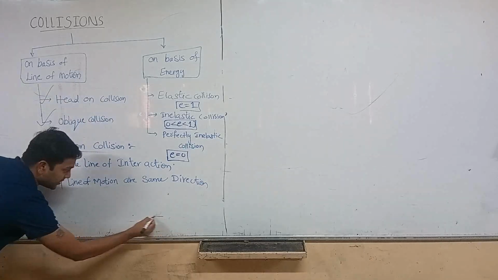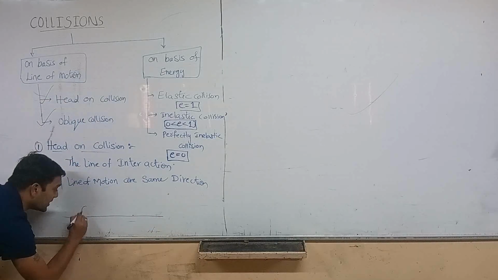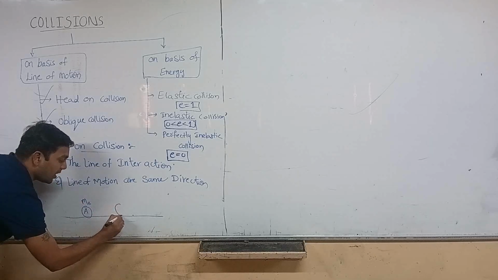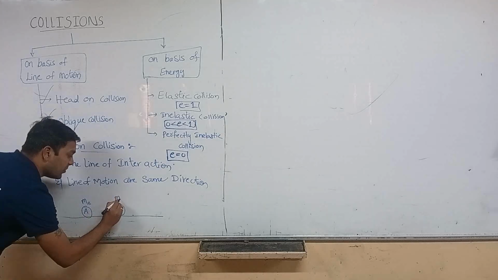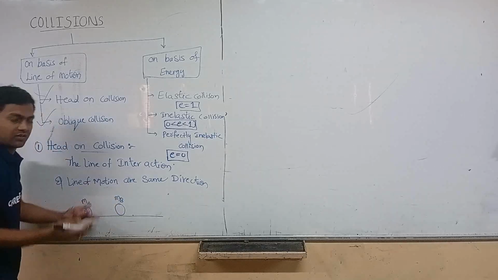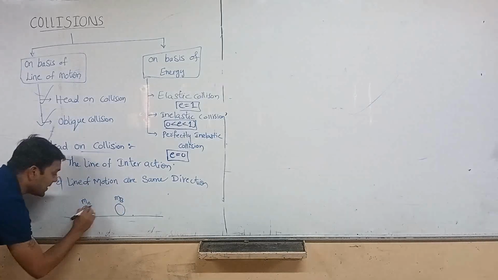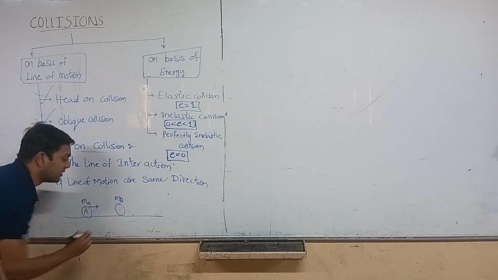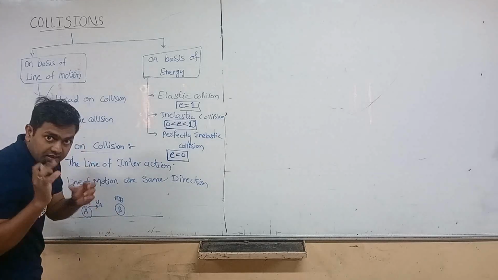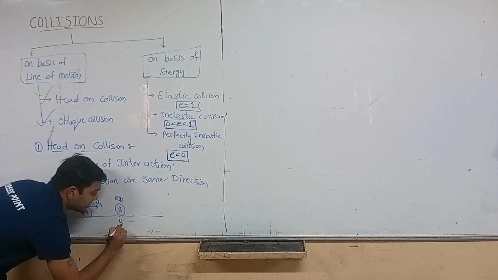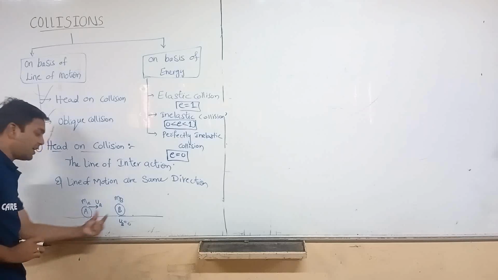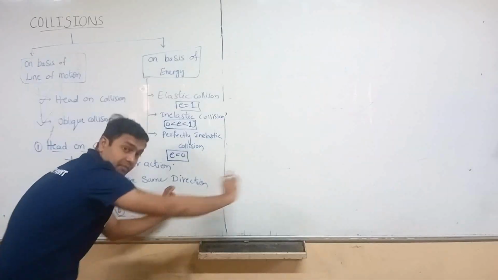Let us take an object A having a certain mass, and another object B. Object A is coming and hitting object B with velocity UA, and if the velocity of B is 0, then both A and B will move in the same direction.